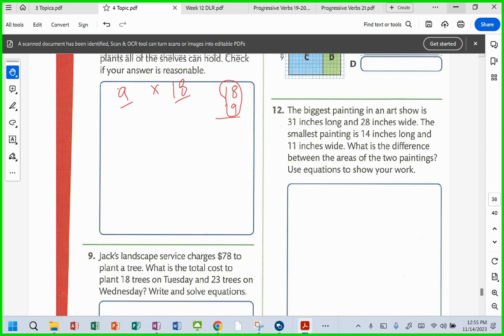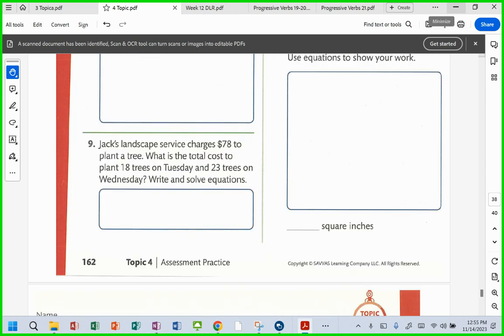All right. Number 9. Jack's Landscape Service charges $78 to plant a tree. What is the total cost to plant 18 trees on Tuesday and 23 trees on Wednesday? Write and solve the equations. I've got to tell you, we don't care what day it is that they're planting them. We just want to know how many trees they're planting, right?